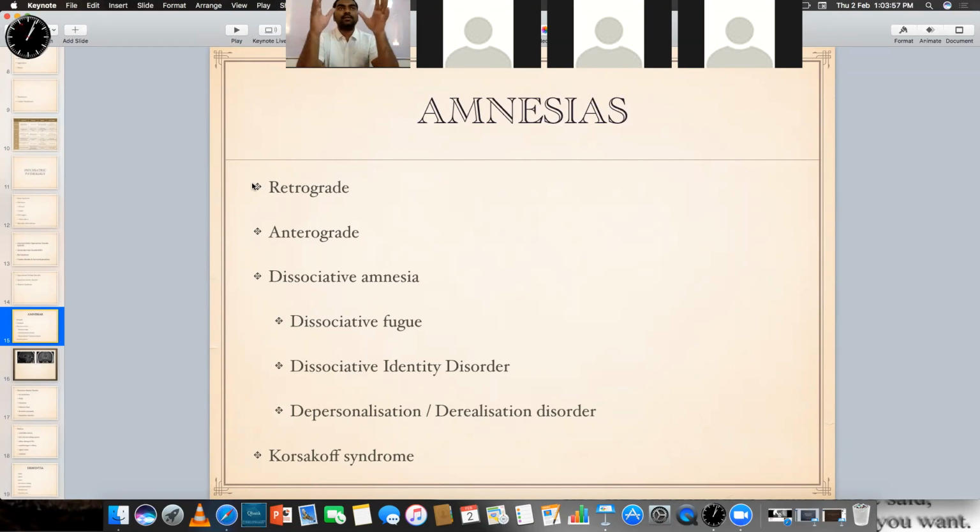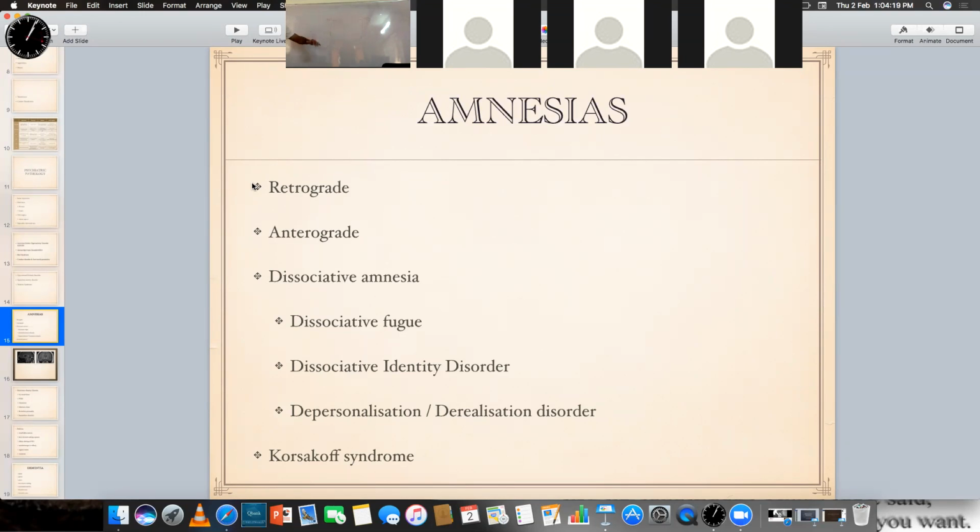So amnesia is loss of memory wherein there's a complete vacuum. Now, in a general sense, I'll talk about it. Let's suppose this is your whole memory. Like you were born in 1990 and this is 2017.